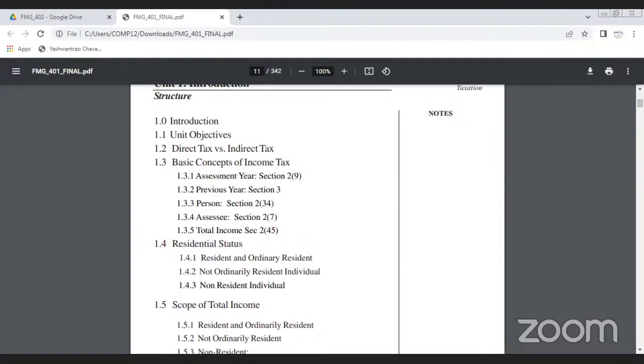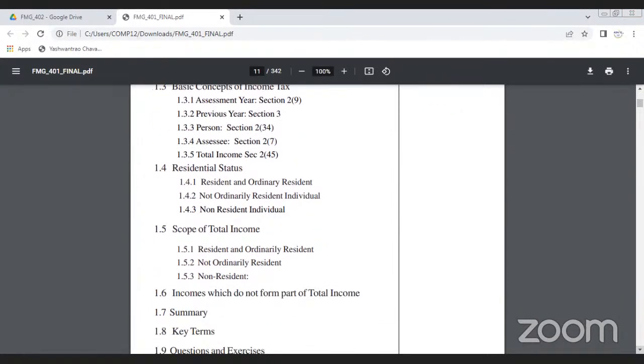These are the main concepts of basic income tax. After that, residential status. Residential status also has three parts: residential and ordinary resident, non-ordinary resident individual, and non-resident individual, meaning NRI. So these are the concepts in residential status.